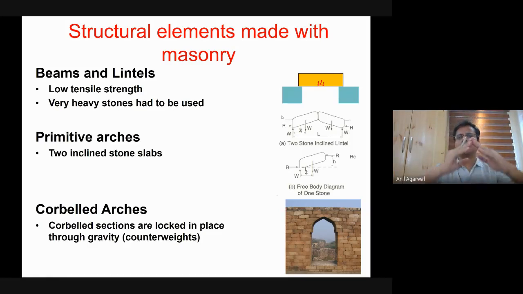The requirement here was that these two brick units would want to slide off. So you had to put some kind of anchor here so that it does not slide off. You had to put extra heavy weights at the two ends so that the two bricks don't slide off, right? As long as they were able to accomplish this, the two brick units could be used to span a space. However, the amount of space that you could span was still very limited, even with this arrangement, right?